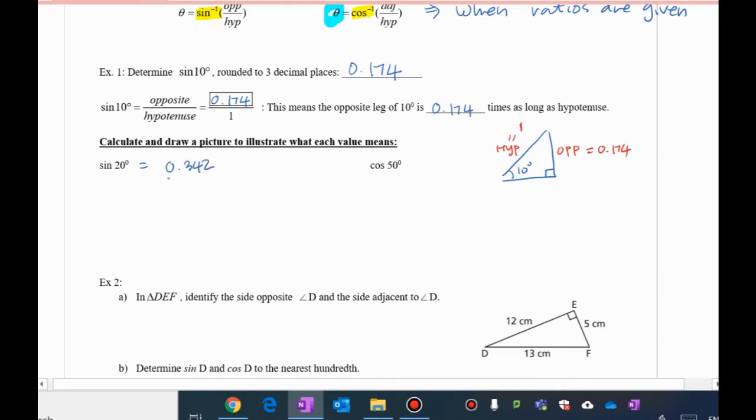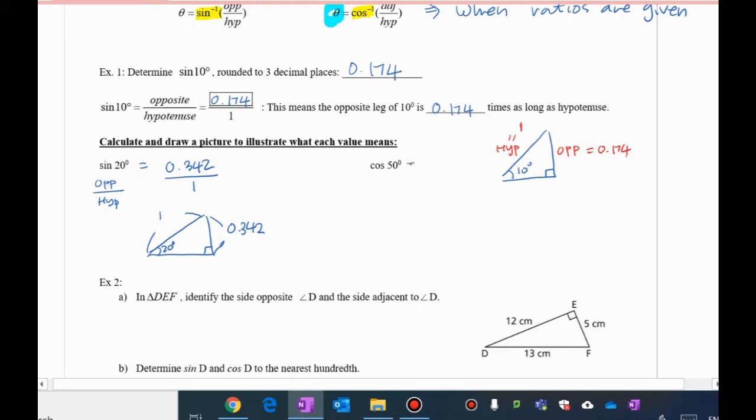So that is same as 0.342 over 1. So sine is opposite over hypotenuse. That means sine 20 can make a triangle with 1 centimeter hypotenuse and 0.342 centimeter opposite.